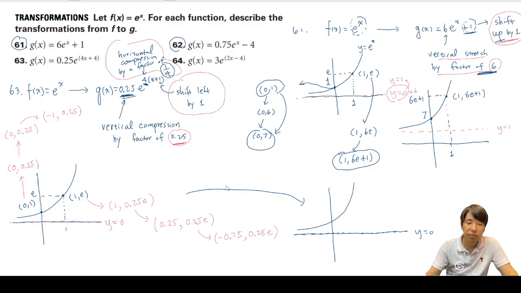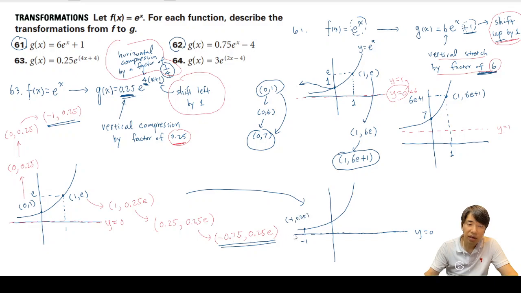So we have to plot these 2 points. I mean, locate these 2 points. So negative 1, comma 0.25 would be somewhere over here. That's negative 1, so that's negative 1, comma 0.25.